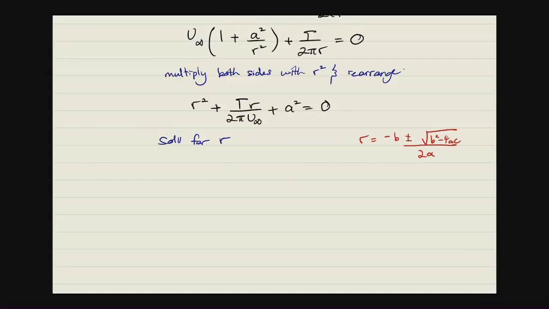If you do that, you're going to get r equal to gamma over 4 pi u infinity plus minus the square root of gamma squared over 16 pi squared u infinity squared minus a squared.